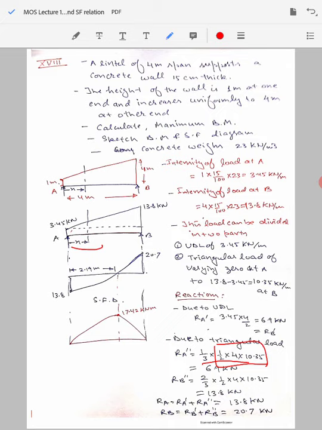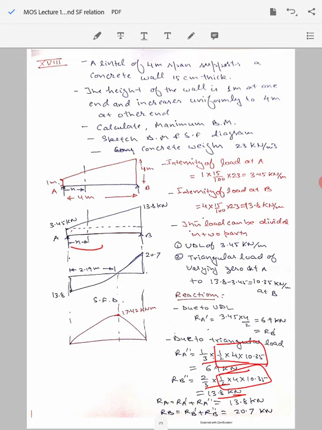That is the amount of load that is acting, and multiplied by 1/3 will give you the 6.9 kilonewton value. Similarly, the reaction at point B will be 2/3 of the area of the triangle. So that is half into 4 into 10.35. That gives us the value as 13.8 kilonewton.